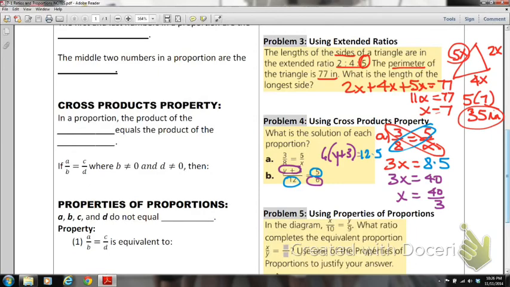So on this one, you use the distributive property, and you get 6y plus 18 is 60. Subtract the 18 from both sides. 6y is 42, and y is equal to 7.